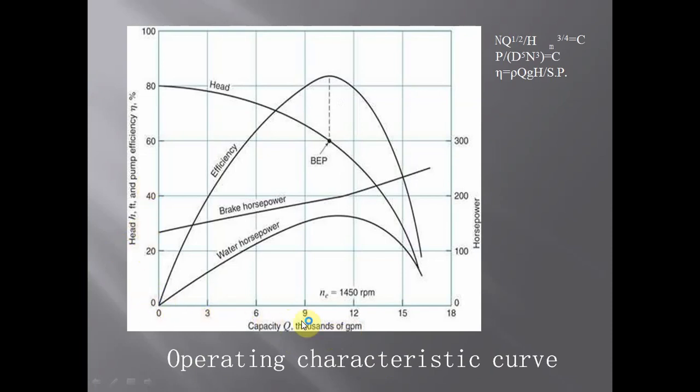Depending on the head, the discharge can be calculated. This is with respect to horsepower, then brake power, and this is the efficiency, and this is the head you require.